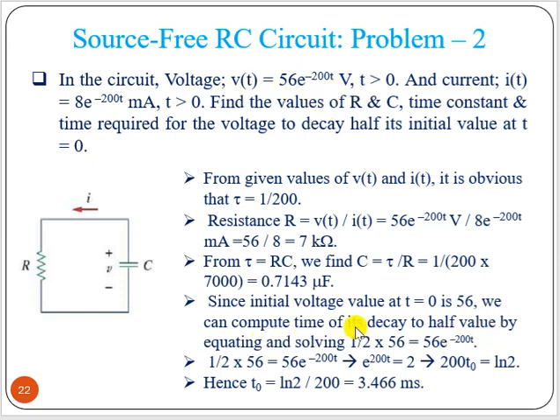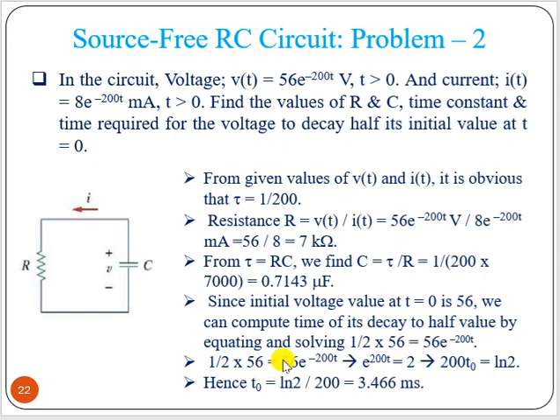Now we can compute the time it takes to decay to half value. That means half of 56, which is 28, equals this. If you solve this to find t0, t0 is 3.466 millisecond.